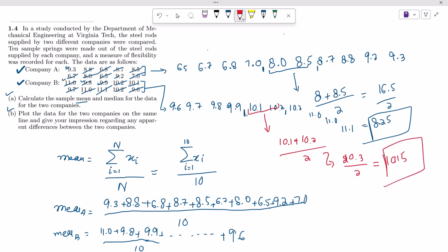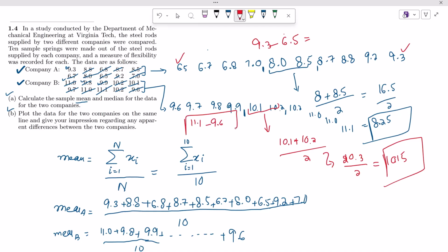Also, you can see that this data is not that much spread out. So the variance of it is also very small, while the variance here is higher, because you can see the smallest number and the highest number: 9.3 minus 6.5, and here we have 11.1 minus 9.6.